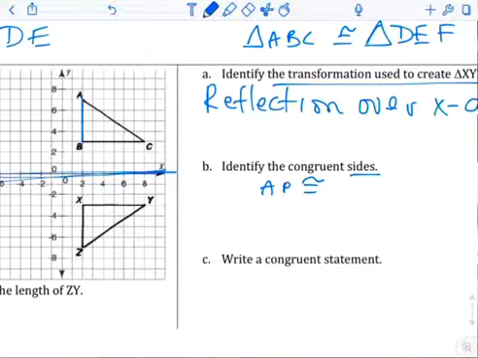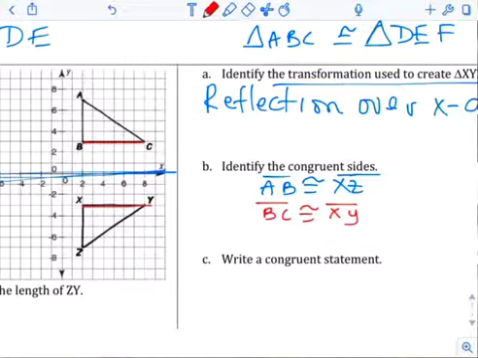Side AB is congruent to side XZ. And we put this line on top of them to represent a side. Okay, side BC, it's 6. BC is congruent to XY. AC is congruent to ZY.